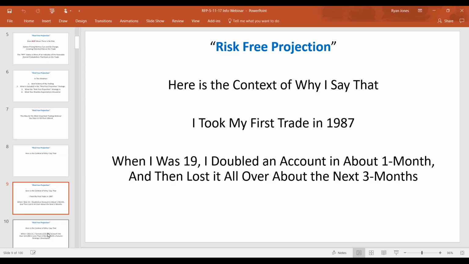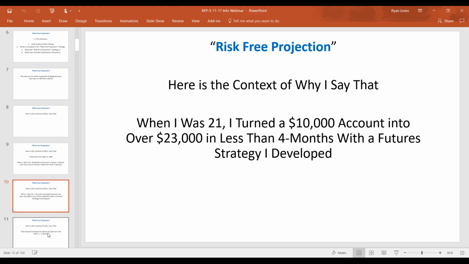When I was 19, I doubled an account. It was a small account, but I doubled it in about 1 month. And then it took me about 3 months to lose it all. All right. Then when I was 21, I turned a $10,000 account into over $23,000 in less than 4 months with a futures strategy that I developed.